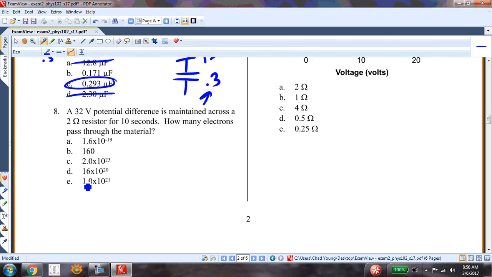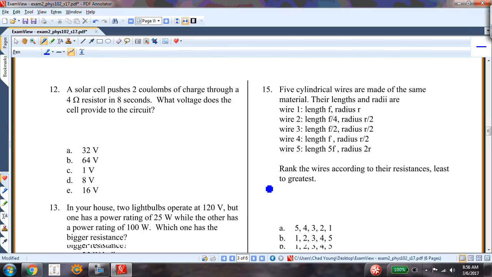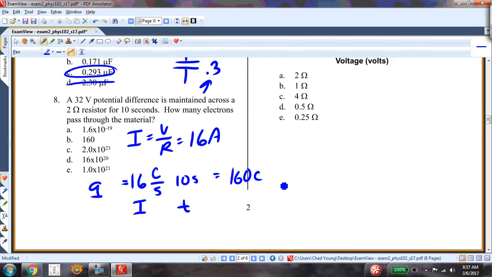How many electrons pass through this material? So let's see, 32 volts at 2 ohms, so I is equal to V over R. That's 16 amps, and an amp is a coulomb per second, times 10 seconds. That will give me Q. Q is equal to I times T, so that's 160 coulombs. But now I want to know how many electrons.